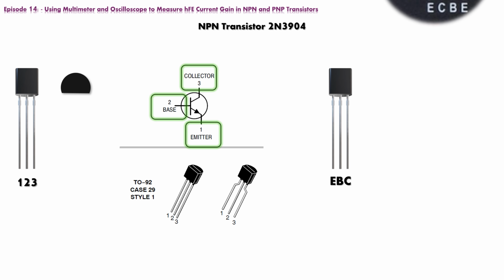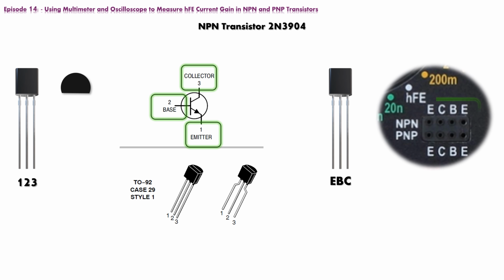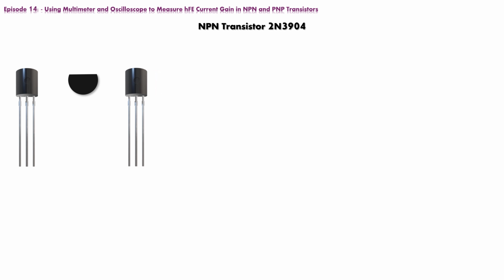Now, let's pull up the layout of the hFE port from our multimeter, and observe the top row of slots, the one dedicated for NPN models of transistors. What we can see is that no combination of slots matches the layout of terminals for our transistor. What we can do is rotate the component so that the flat edge faces away from us.